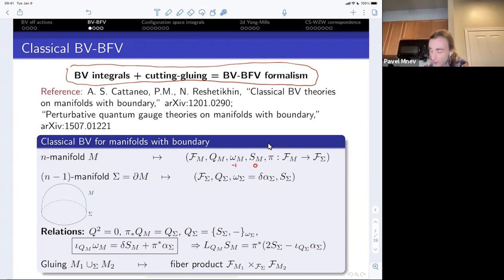And to the boundary we assign its own space of fields, which is again a graded supermanifold equipped with a homological vector field. And there should be a symplectic form which we assume to be exact. So it's D of some one form, and equipped with then some action of degree +1, which we call BFV action.